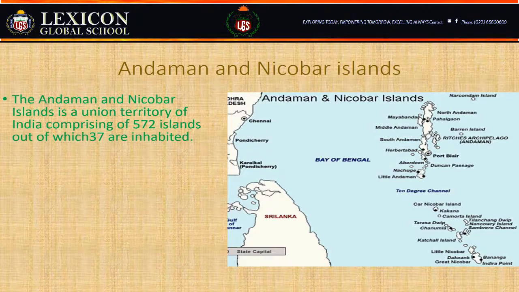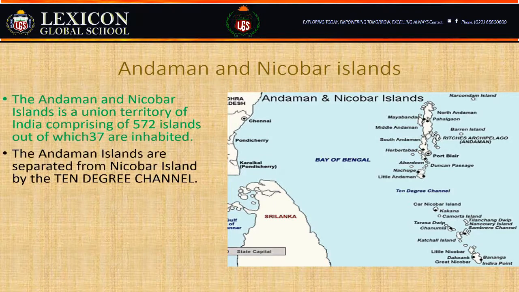That means human settlement is found only on 37 islands. The Andaman Islands are separated from Nicobar Island by the 10-degree channel. Here let me tell you one thing, children, that when the Britishers were ruling over India, Andaman and Nicobar Islands were famous for sending the prisoners for exile.